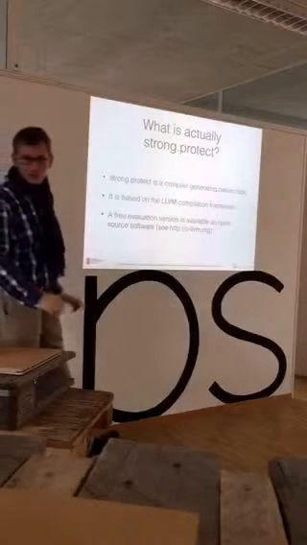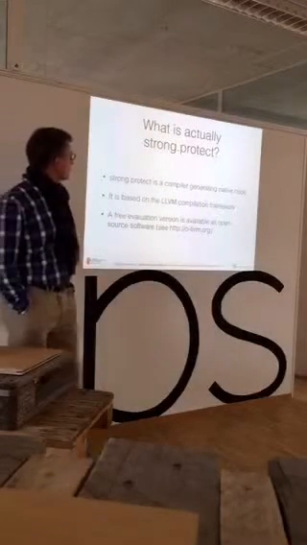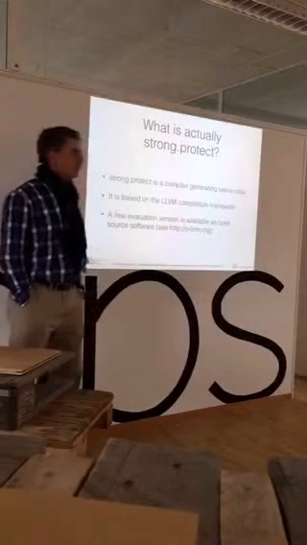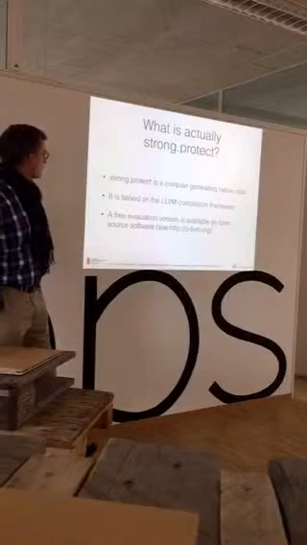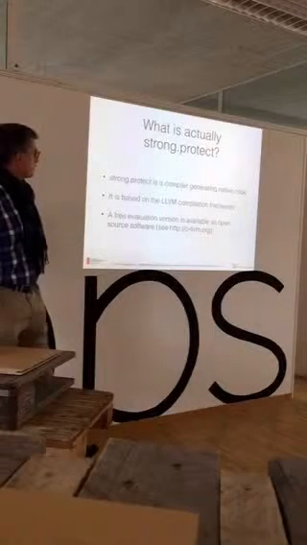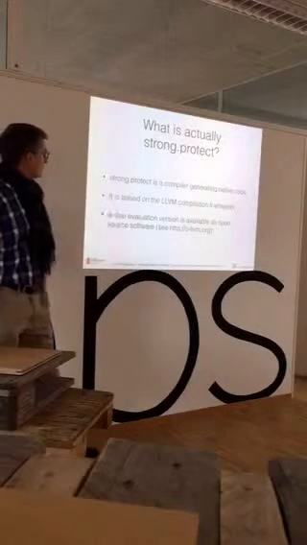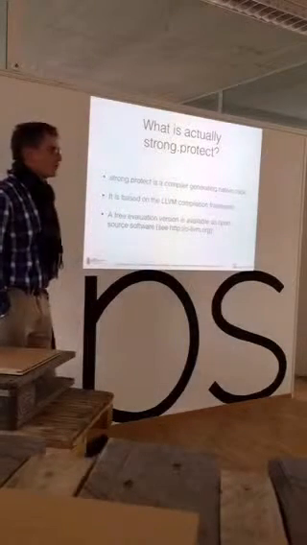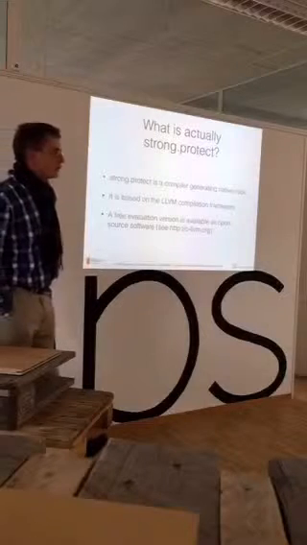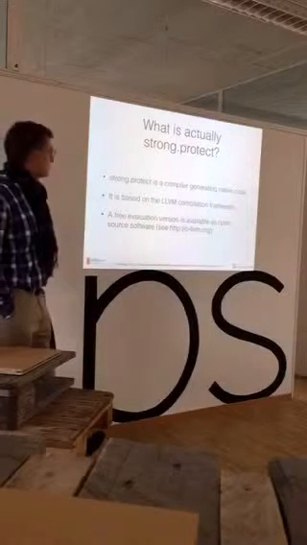So what is actually Strong Protect? Strong Protect is a compiler generating native code. It supports a lot of programming languages. It is based on, it's an extension of, the LLVM compilation framework, which is the open source compiler that is pushed and supported by Apple.